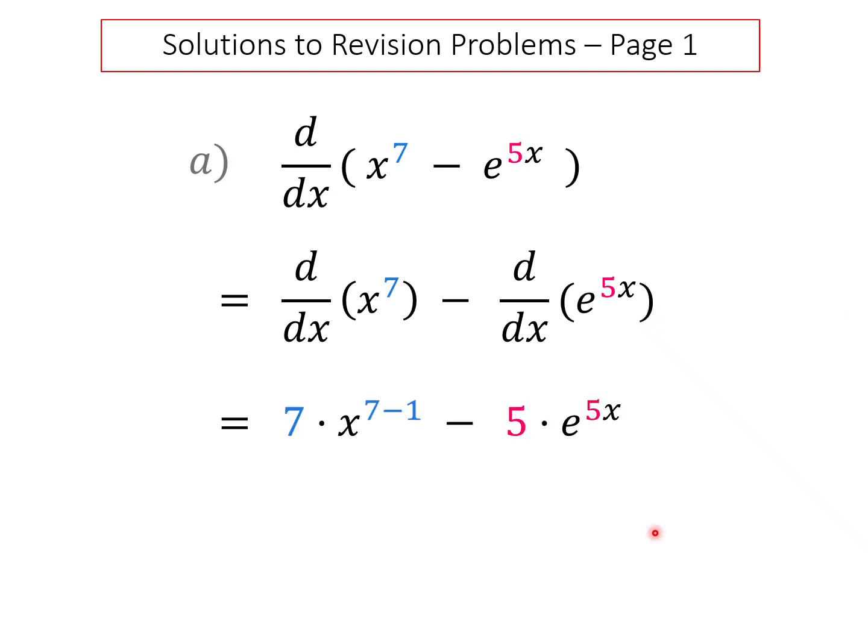After differentiation, this becomes 7x to the power 7 minus 1, and this becomes 5 times e to the power 5x. So here two formulas are used, x to the power n and e to the power mx. The final answer is 7x to the power 6 minus 5 e to the power 5x.